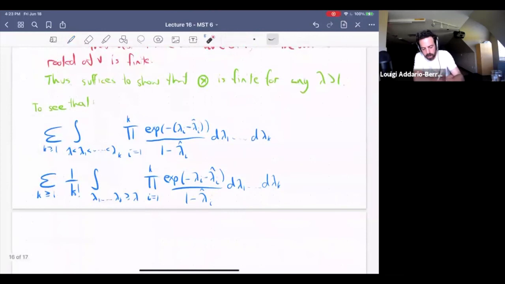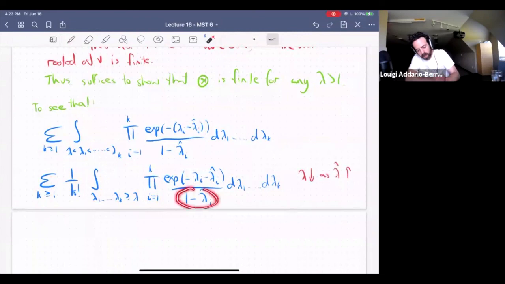Now as lambda gets bigger, lambda hat gets smaller. The more supercritical the tree is, when you condition it to be finite, the more subcritical it is. So lambda hat decreases as lambda increases.